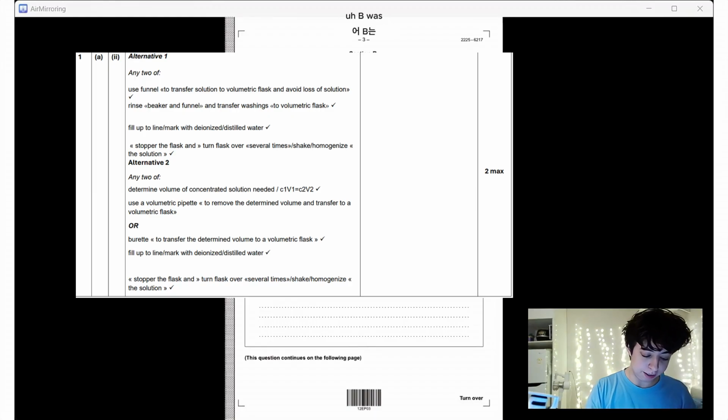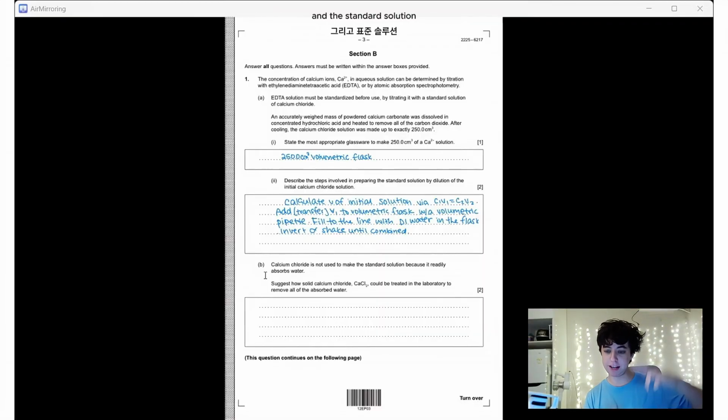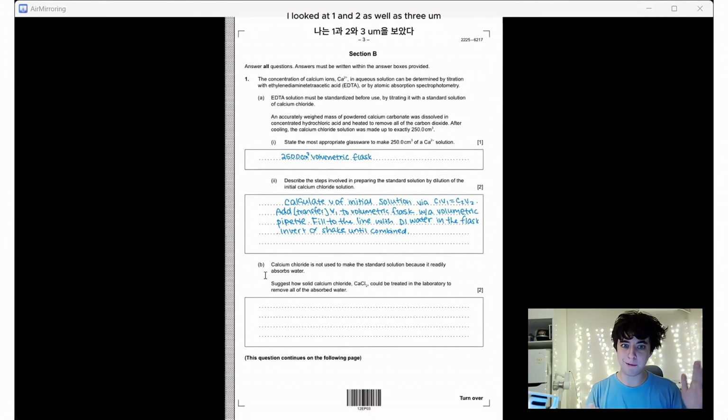But yeah. B was that calcium chloride is not used to make it because it absorbs water. And so describing how you could remove all of the absorbed water. This is one where they actually did both of this and the standard solution. They did both of these in different shapes in all of the time zones, actually. I looked at 1 and 2 as well as 3.